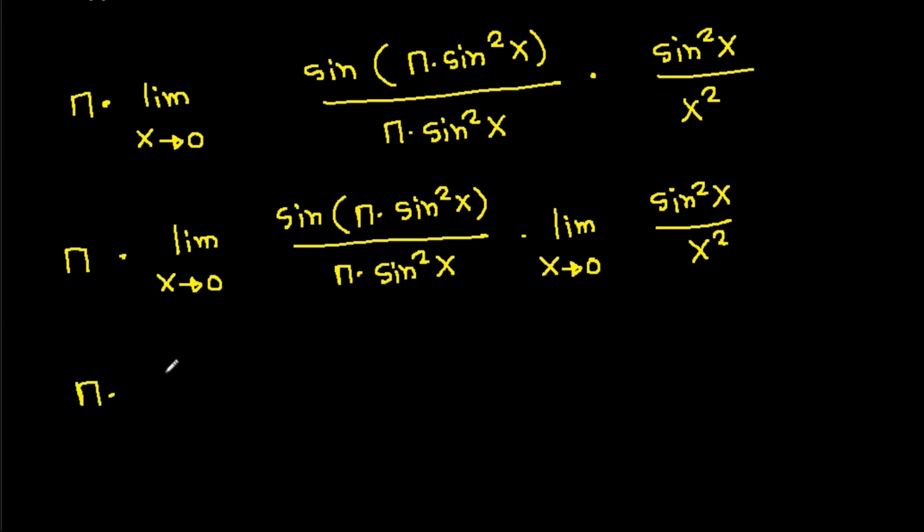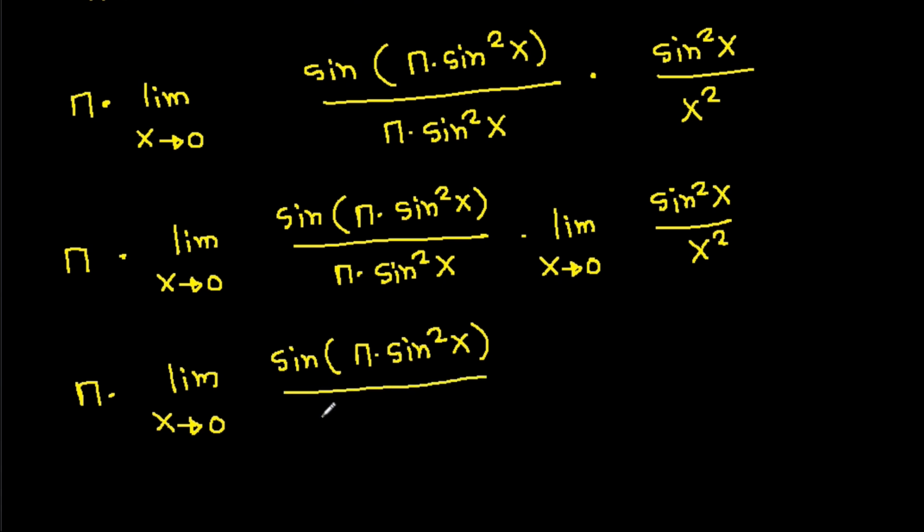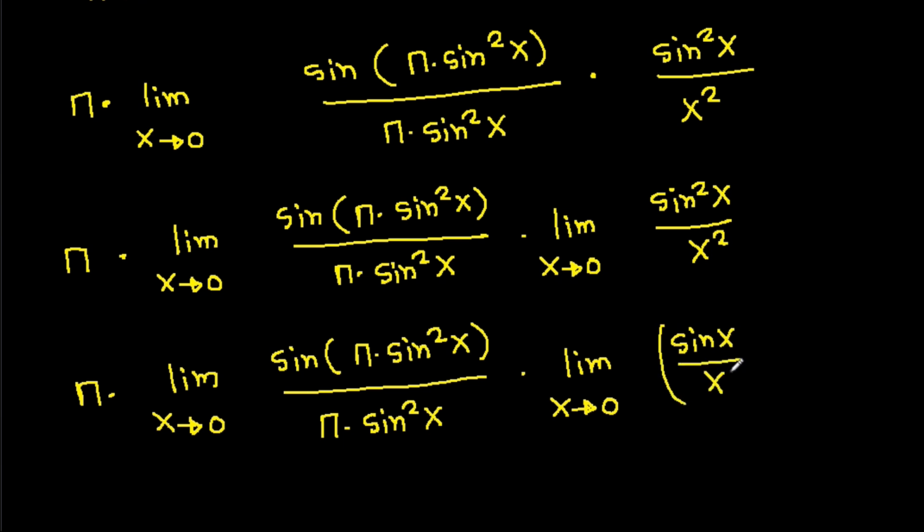And it is π times the limit as x tends to 0 of sin(π sin² x) over π sin² x times the limit as x tends to 0 of sin² x over x², which is (sin x over x) squared.